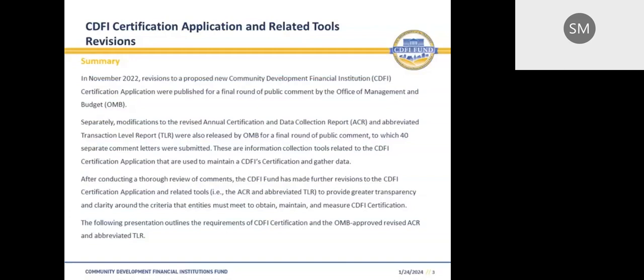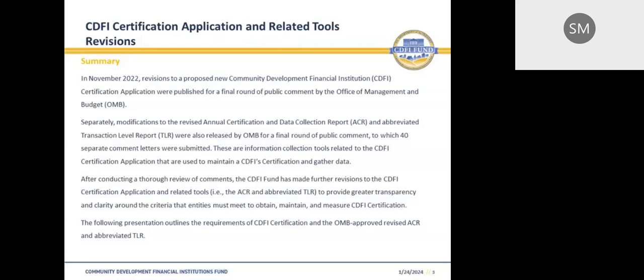The CDFI Fund has been developing revisions for CDFI certification for several years now, and these final revised documents come after the Office of Management and Budget, also known as OMB, published the proposed revisions to the application in November of 2022 for a final round of public comment. Separately, at around the same time, OMB released our proposed modifications to the revised ACR and abbreviated TLR for a final round of public comment.